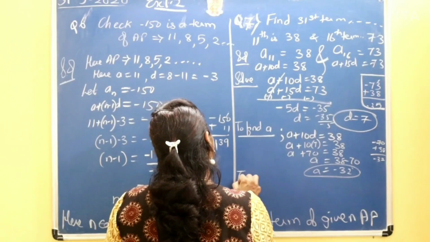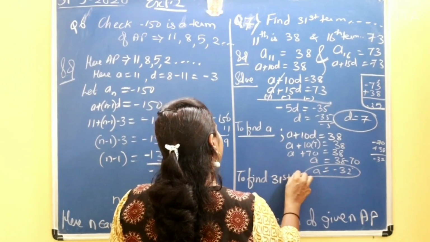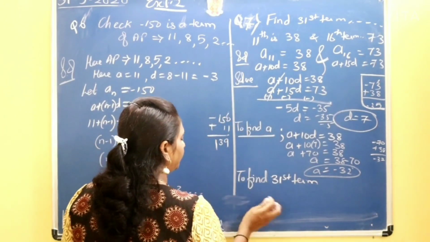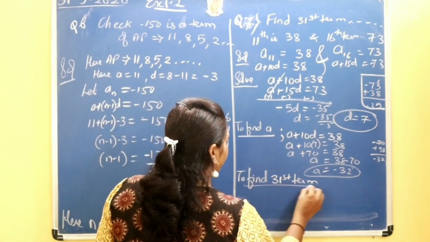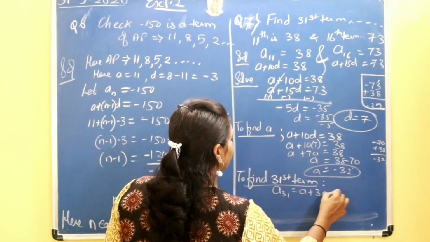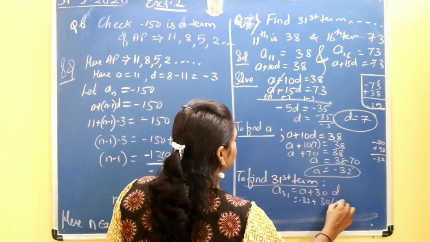Now you have to find the 31st term. To find the 31st term, A31 is equal to A plus 30D. Your A is minus 32, 30 into your D is 7.